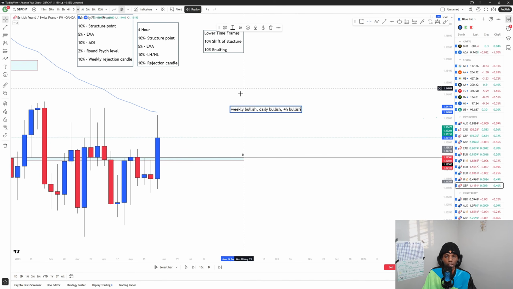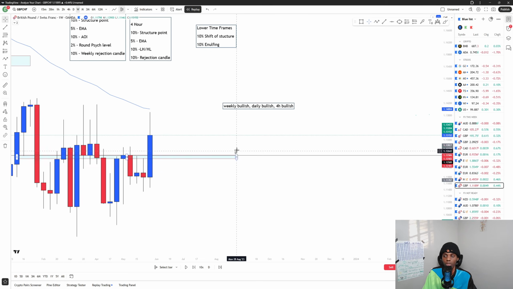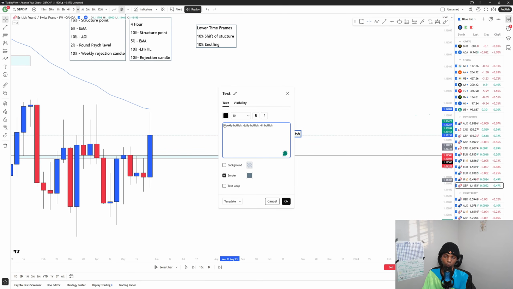And since most of the time frames are going up, bullish means up and bearish means down. Most of the time frames are going up, so we're going to be looking for buys. And then I'm going to type that up too. I'm going to put it above this.